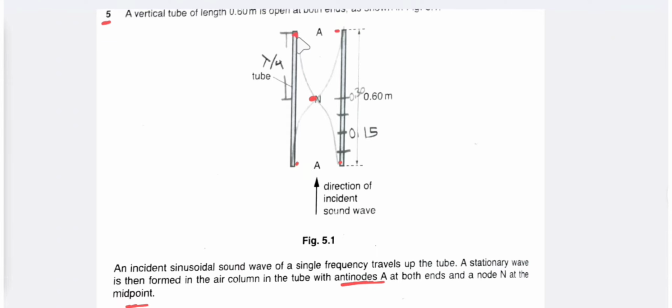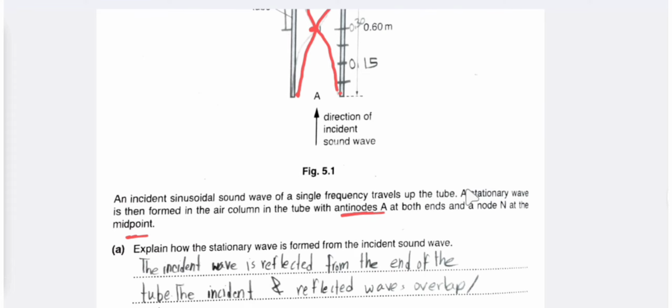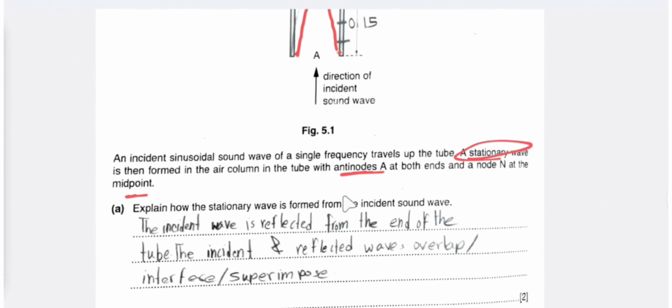If you just join the points, then this is the wave that is formed. And it is also mentioned that a stationary wave is formed in the air column.